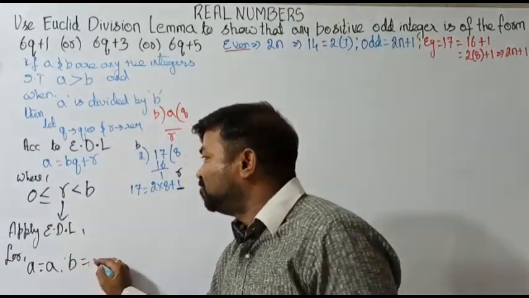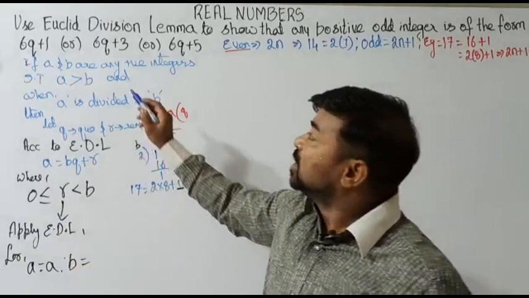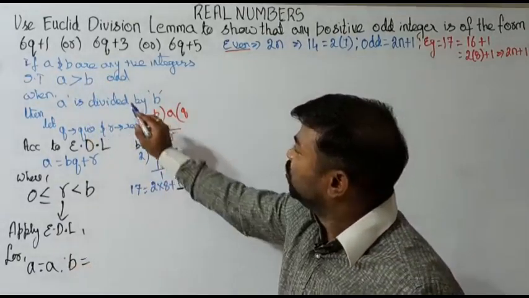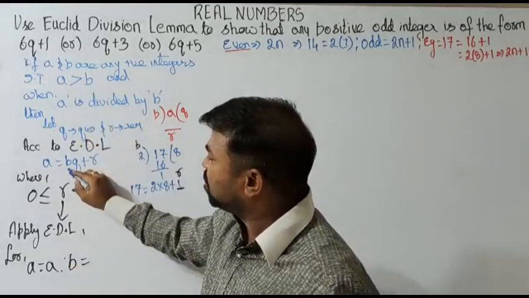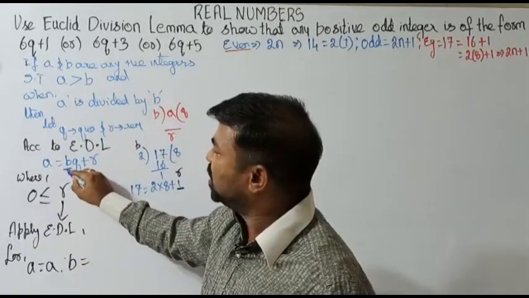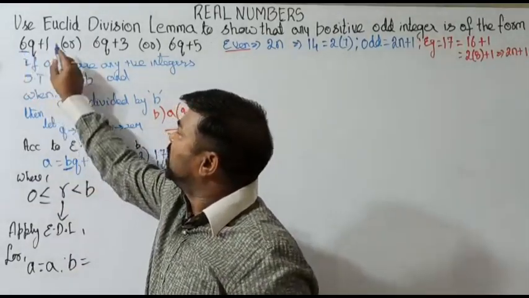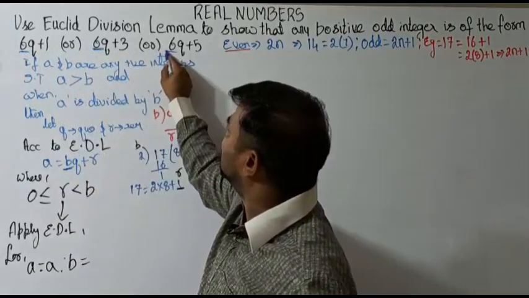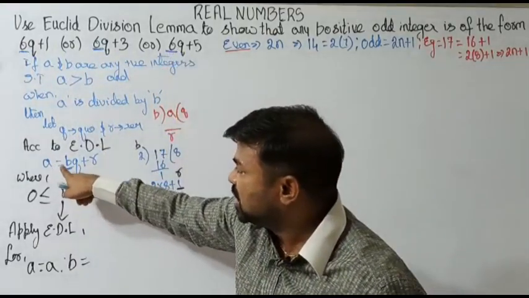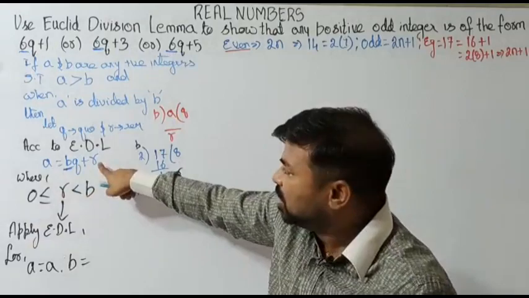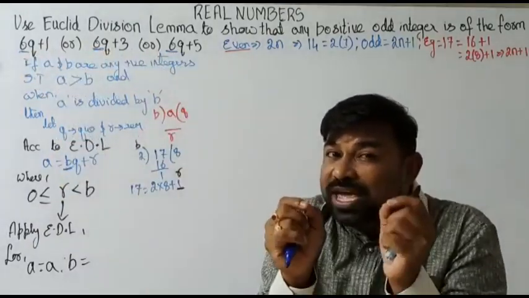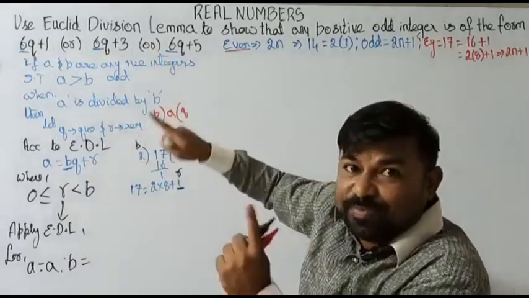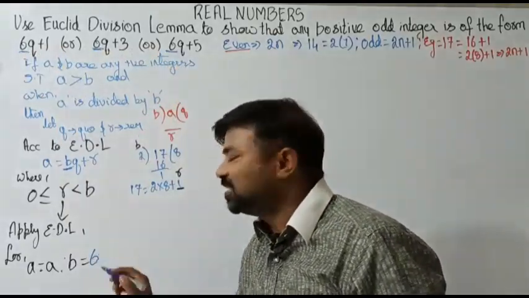But in the place of b, if you compare with a is equal to bq plus r, what is there in the given question? Shall I say it is nothing but 6? In the place of b, we are having 6. Always, whatever is there in the place of b, you have to take it. It's nothing but 6 here.